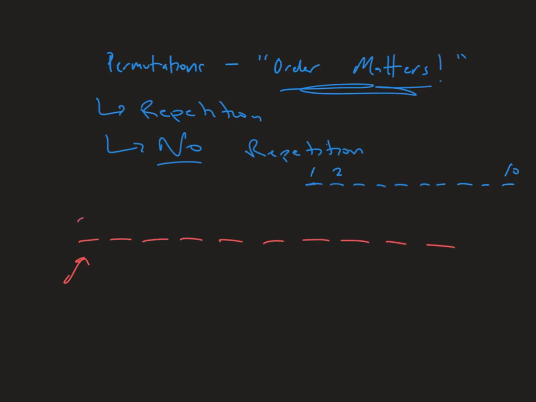Let's say that we choose 2. Remember, we had 10 choices. Now let's look at our second choice for our second place. How many choices do we have? Not 10, right? We actually have 9 because, remember, no repetition. So we can choose any digit but 2. So let's choose 7. So we had 9. How many choices do we have now?